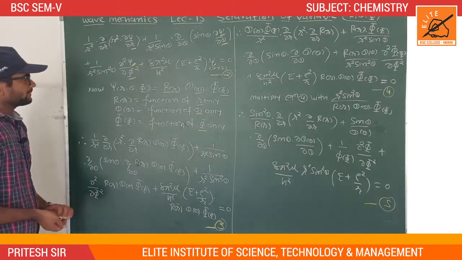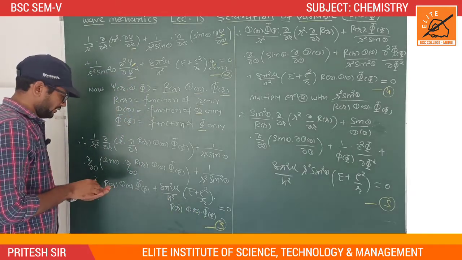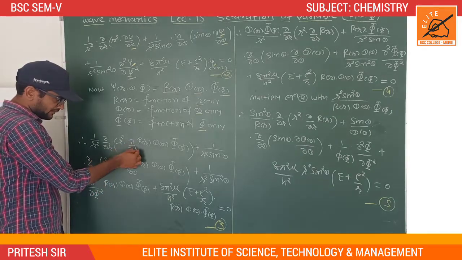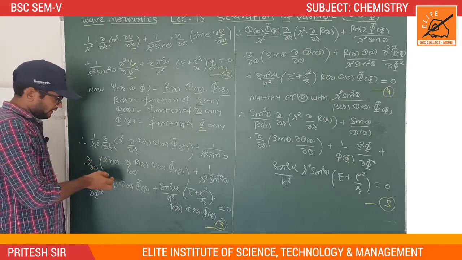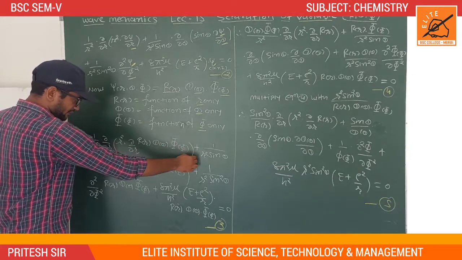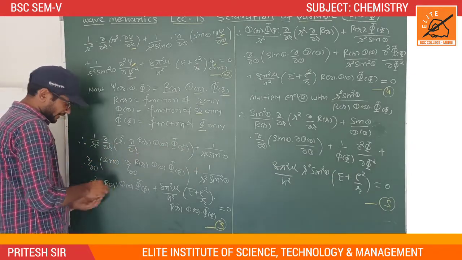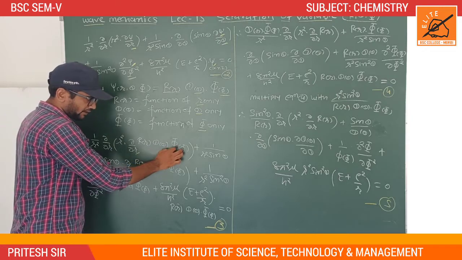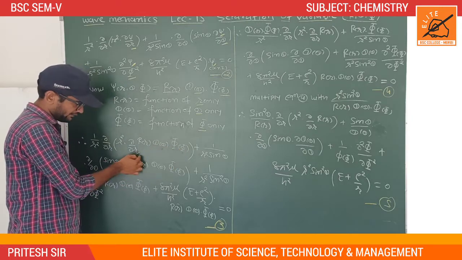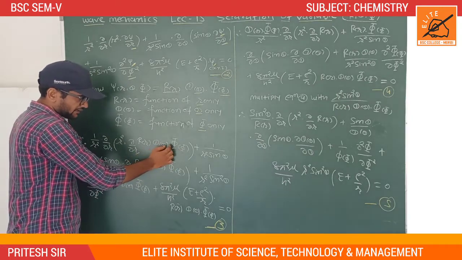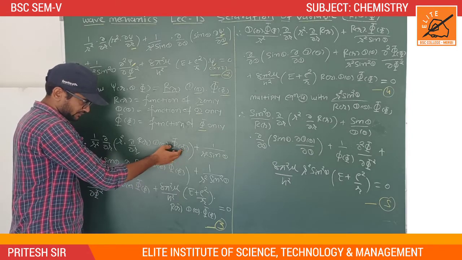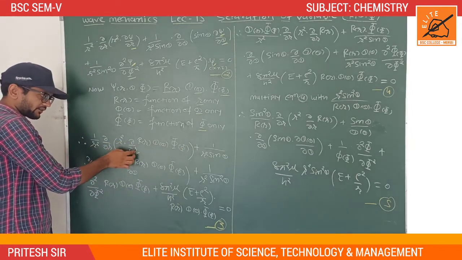But we can see that in the first term the differentiation is with respect to r only. It means that at that time the variables Theta of theta and Phi of phi become constant for r, so Theta of theta and Phi of phi will get outside of the differentiation.